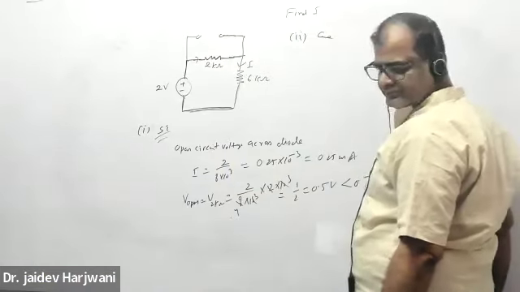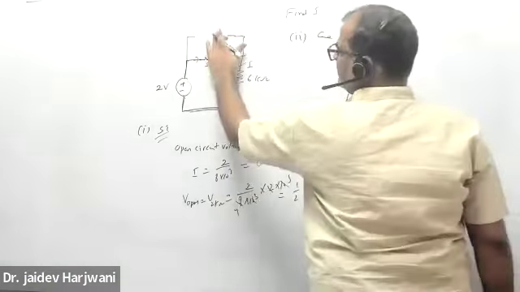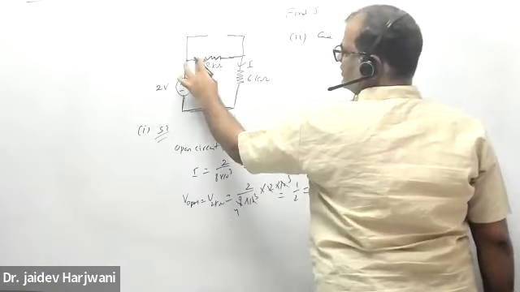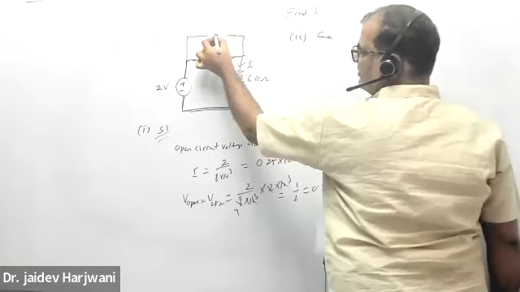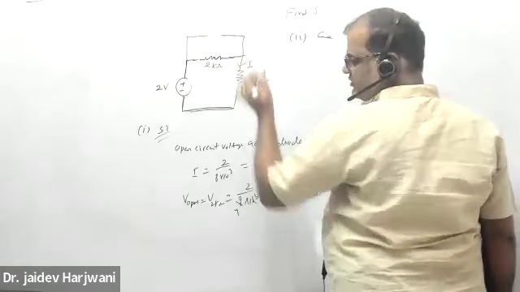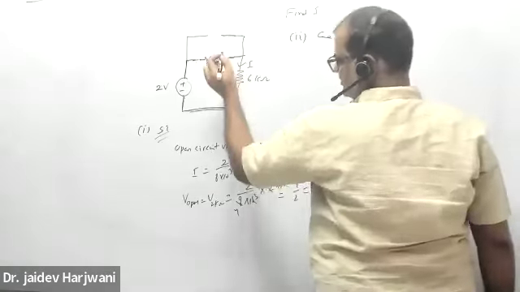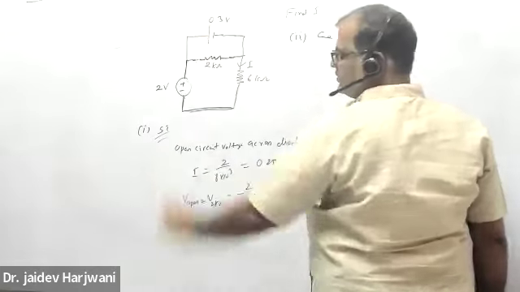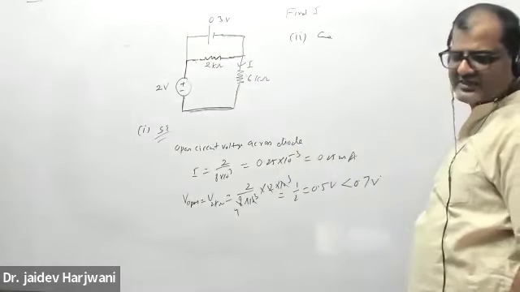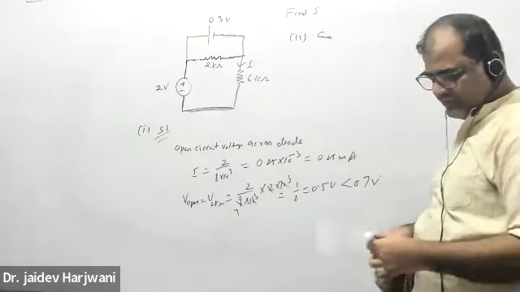So now it will be closed. Closed means what? So current will flow. If it is closed, it is replaced by 0.3 volt. Now I have to replace it by 0.3 volt.